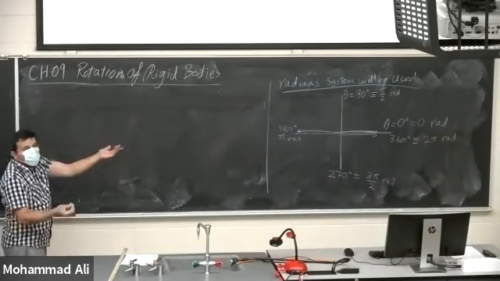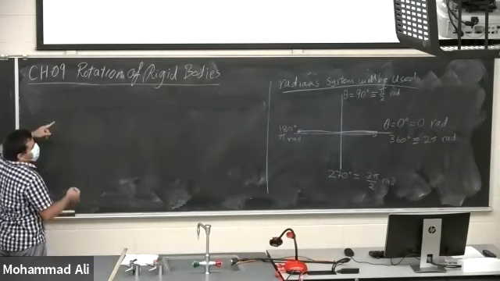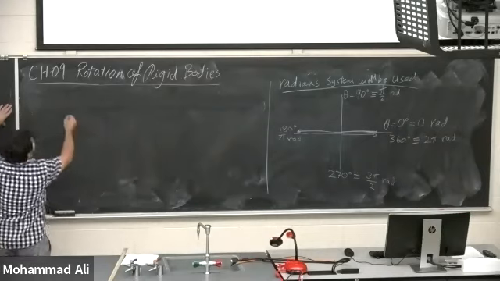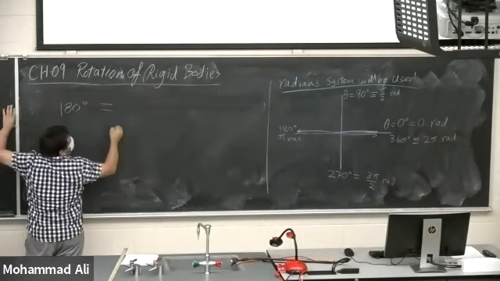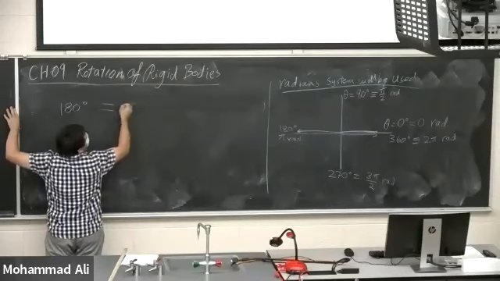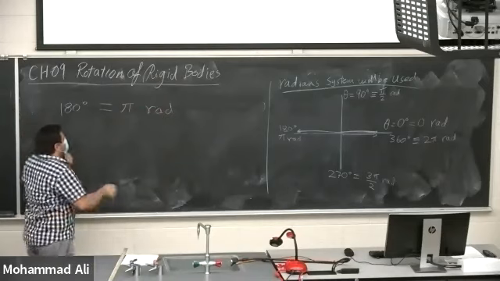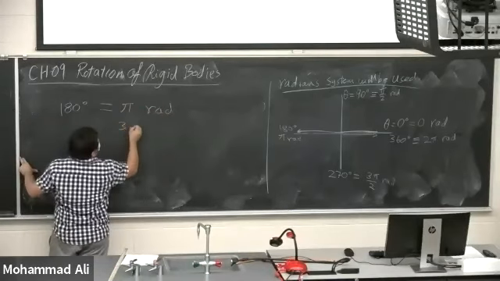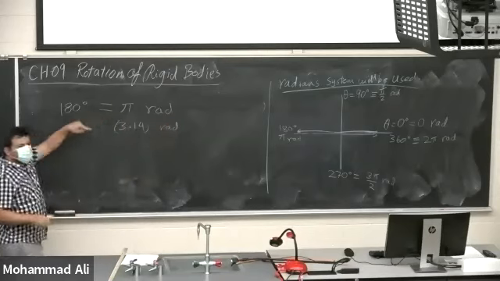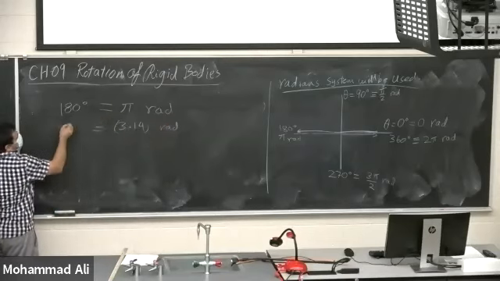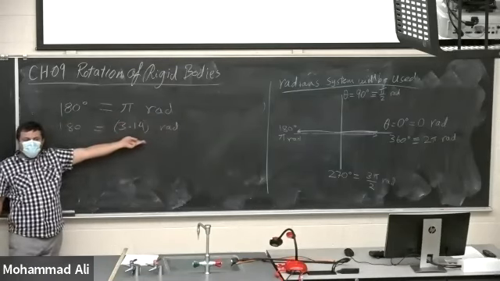If we need to use these numerical values to find 1 radian, we have 180 degrees is equal to pi radians. Pi, as we know, is equal to 3.14. It is the same. So this is equal to 180.